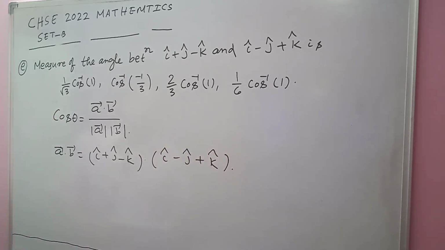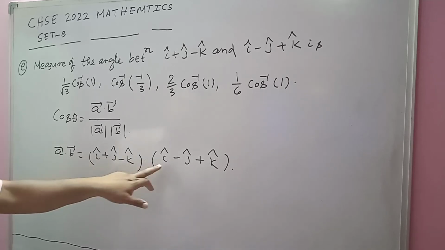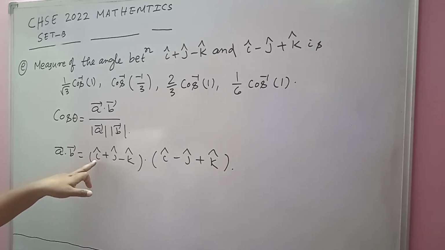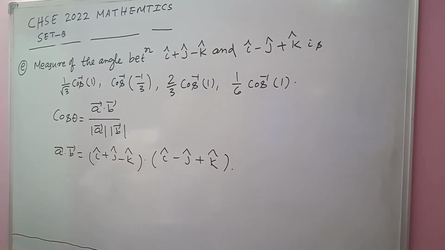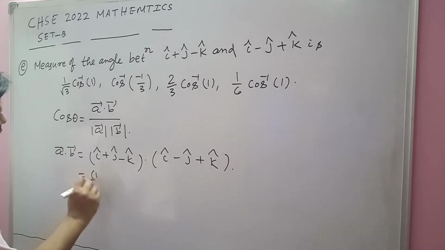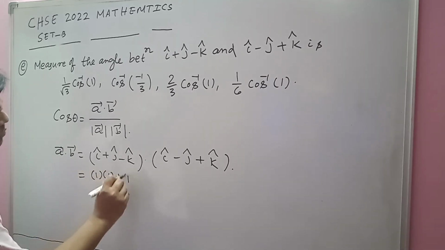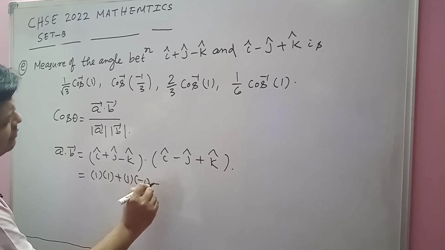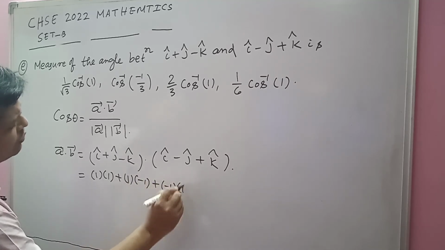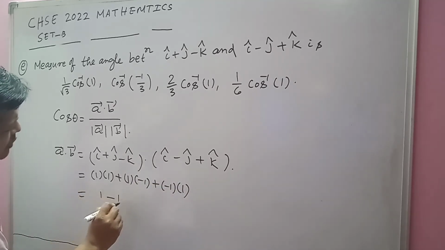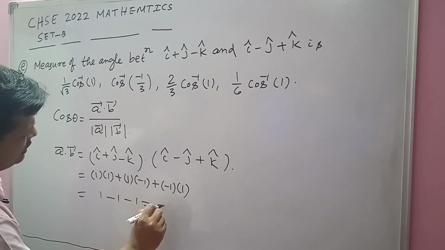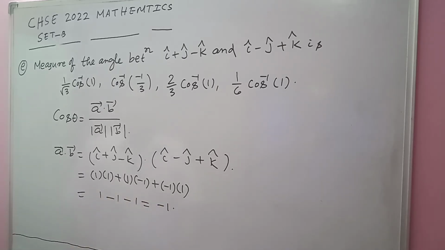We multiply the x components, y components and z components, so you get 1 into 1 plus 1 into minus 1 plus minus 1 into 1, that gives you 1 minus 1 minus 1, that is equal to minus 1.